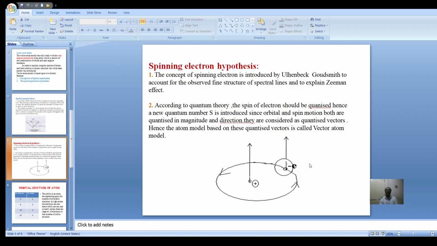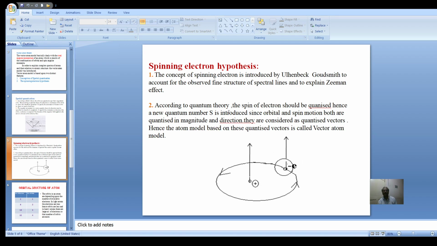So what is given in the spinning electron hypothesis? The concept of spinning electron was introduced by Uhlenbeck and Goudsmit to account for the observed fine structure of spectral lines and to explain the Zeeman effect. In the next chapter, we will see the Zeeman effect, that is the splitting of light due to application of magnetic field.